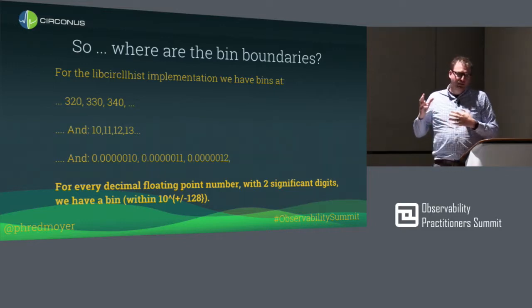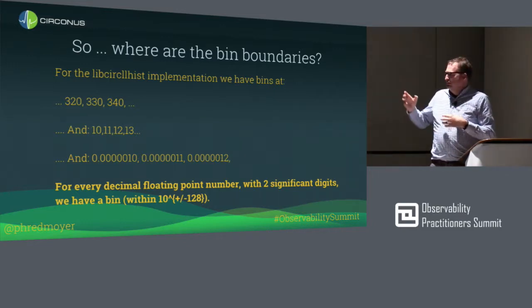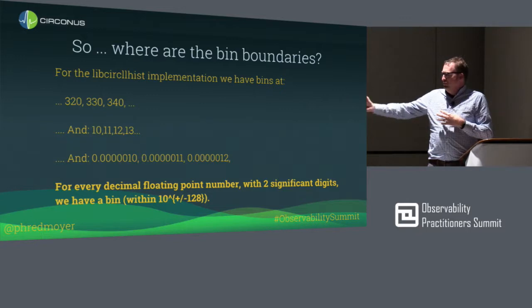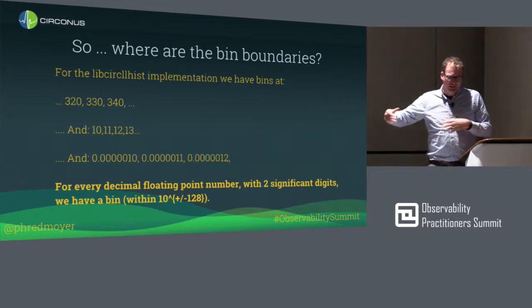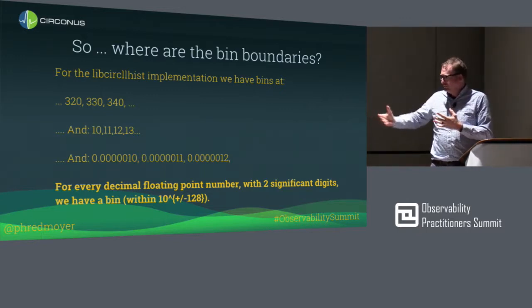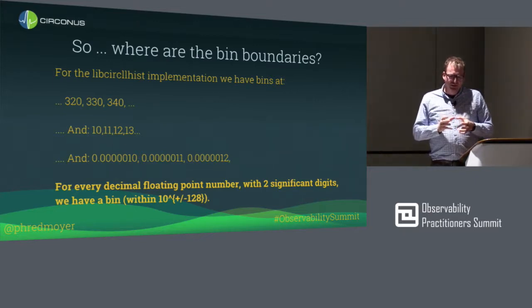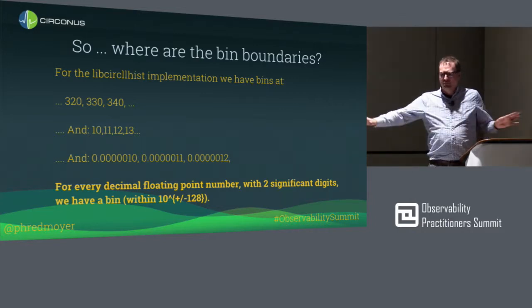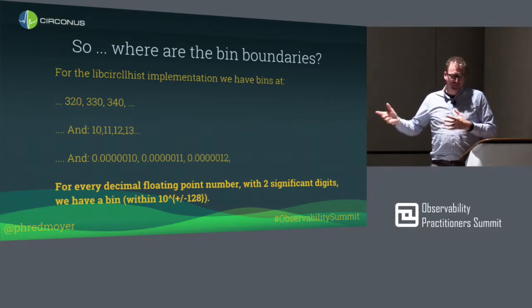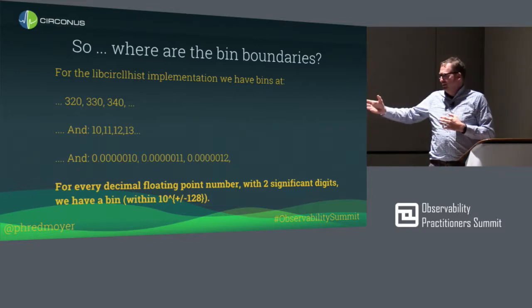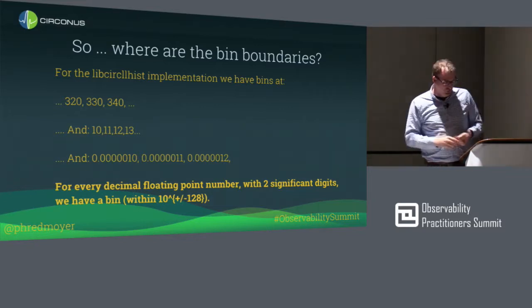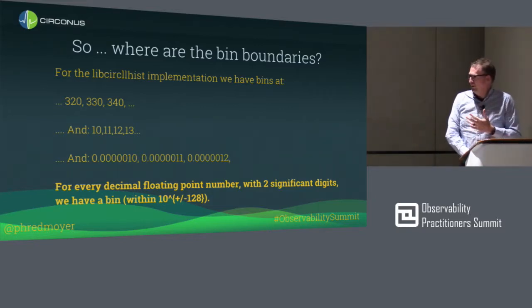And I've also got them at 10 millions, 11 millions, 12 millions. So this allows me to get a very precise statistical representation across a very wide range of values. In our implementation, we have this implemented to plus or minus 128. So it's pretty wide.